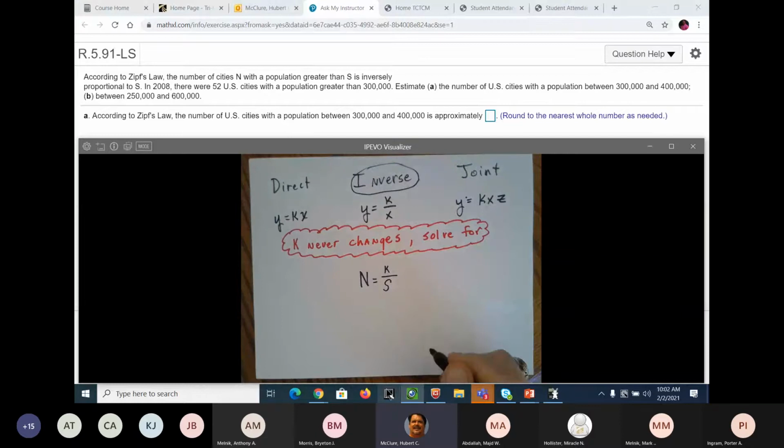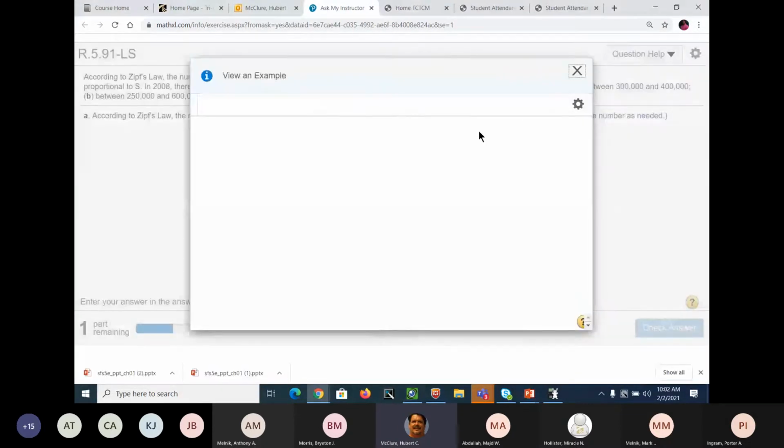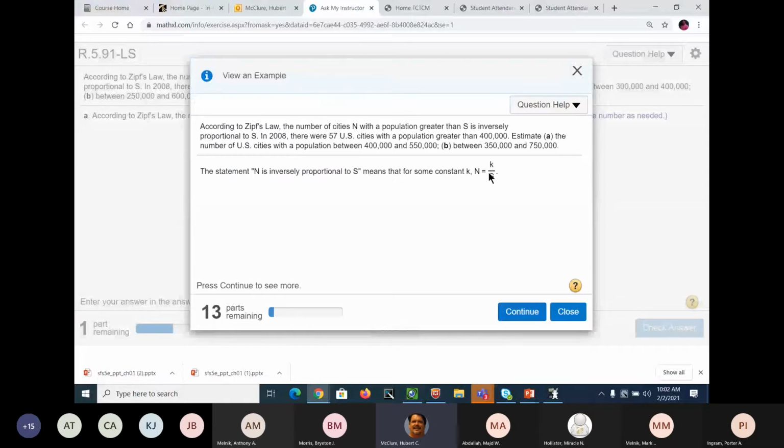The number of cities with a population greater than S, oh, I'm sorry, is inversely proportional to S. That should be inverse variation. Let me check right quick. Yeah, N is equal to K over S. I just want to make sure I wasn't misreading that question. Yeah, that's right.